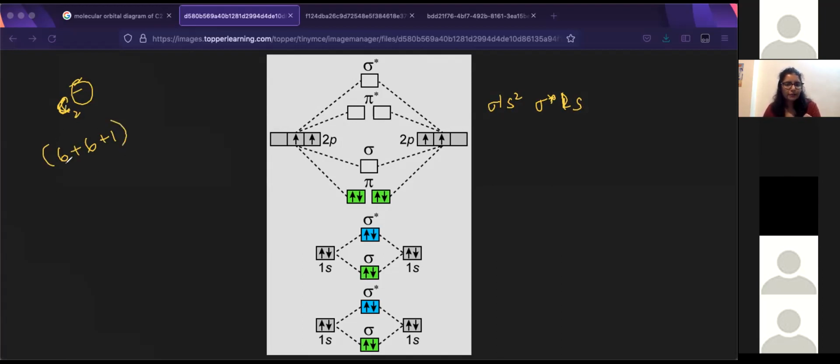Wait. So one carbon has 6, the other carbon has 6. No, I took it like 7 and then 7. So I got 14 like that. That's why you were off by 1. Yeah. But there's only one minus, right? If it's C2 2 minus, then you have 2 extra electrons and it's like 7 plus 7. I thought it was like minus for each, so I did that. Okay, I got it.